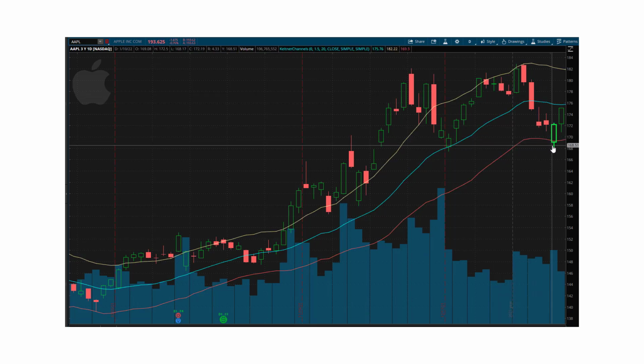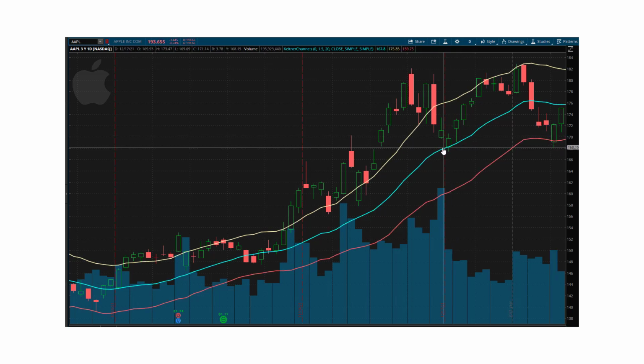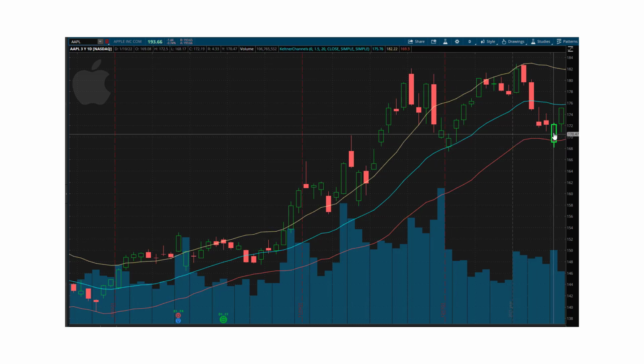Now here, this one bounced off this support level right here. It could be that it bounced because of the support. It could be that it bounced for a totally separate reason. It could be a combination of reasons. But it doesn't always work out.